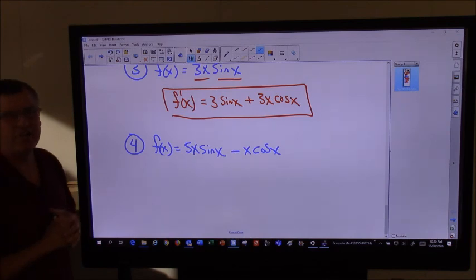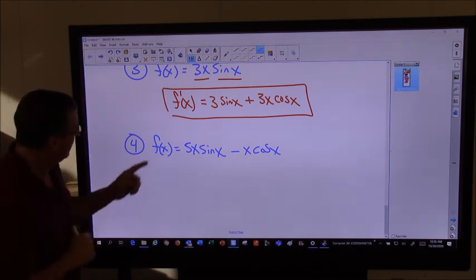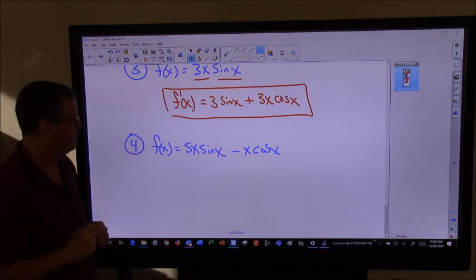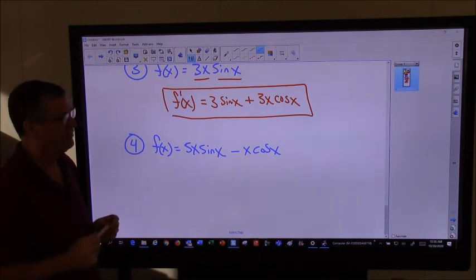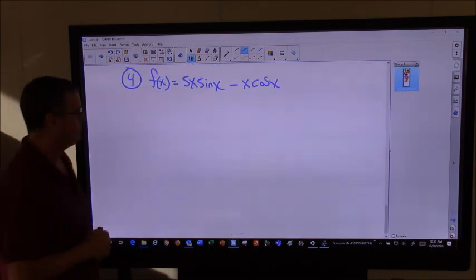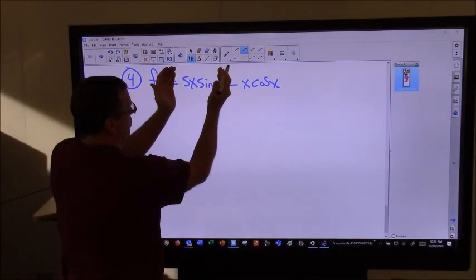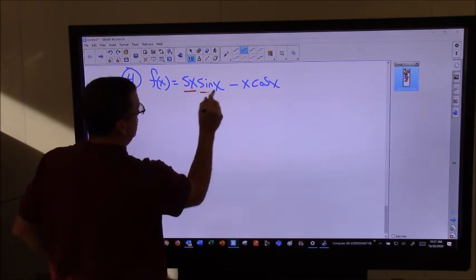All right, now we're getting to some good stuff. Let's see if we can find the derivative of this function. All right, so really what I'm doing here is I'm just using the product rule twice. I've got to find the derivative of this term to begin with, and it has two pieces.